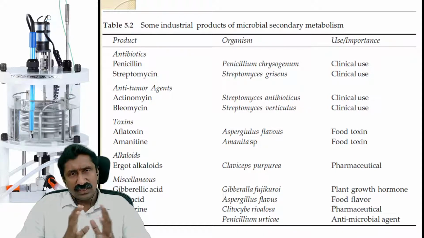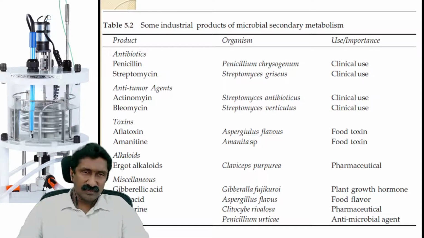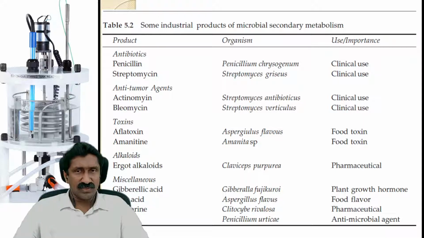So this is another table that shows the different type of secondary metabolites. The first category is antibiotic. So antibiotics, typical examples include penicillin, streptomycin, etc. So it is having clinical use, as you know.